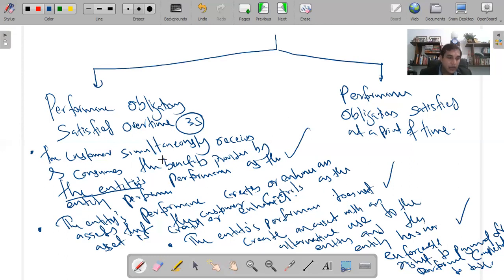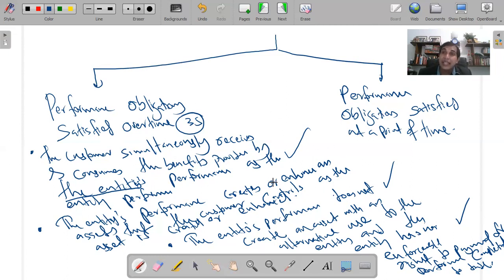Right? Now this section 35 emphasizes that an entity transfers control of goods or services over time, and therefore satisfies a performance obligation and recognizes revenue over time, if one of the following criteria is met.